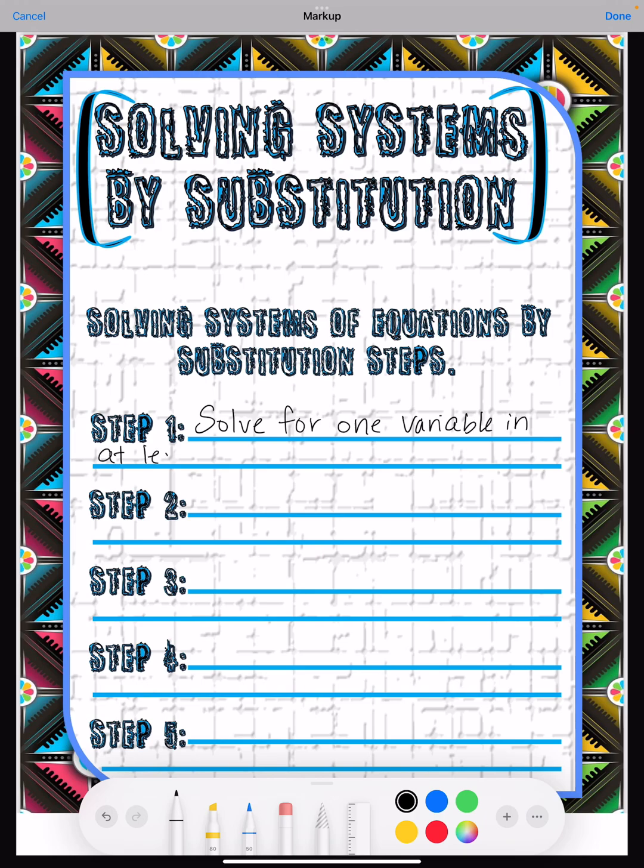It doesn't matter which variable we solve for as long as we have something by itself. Okay, so most of the time it's going to be x and y. So you want one of your equations to say x equals or y equals by itself. Sometimes they're going to give that to you already. Sometimes you're going to have to make it be that way. So that is our first step.